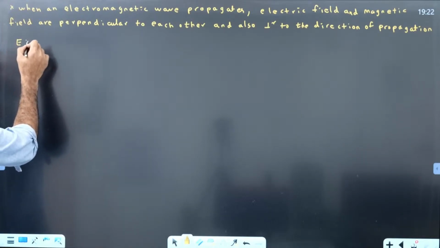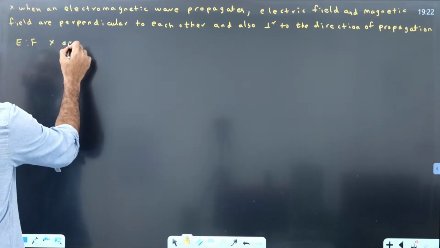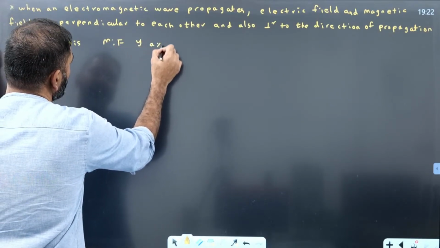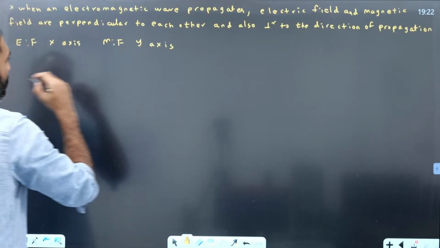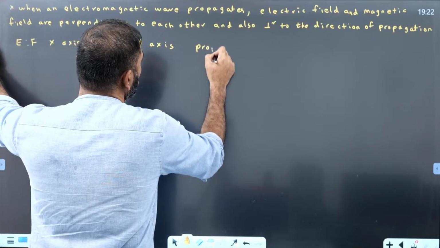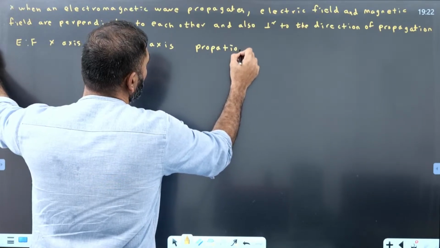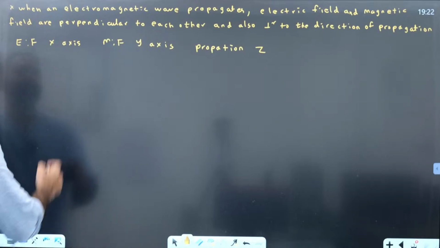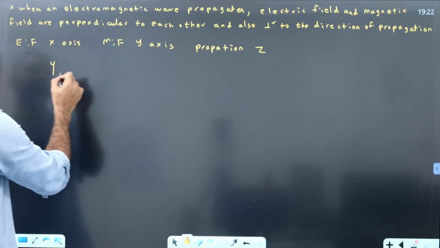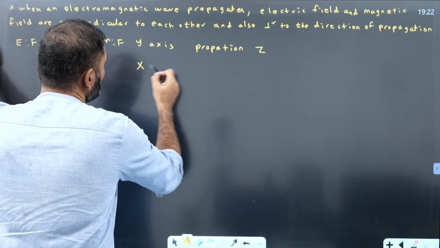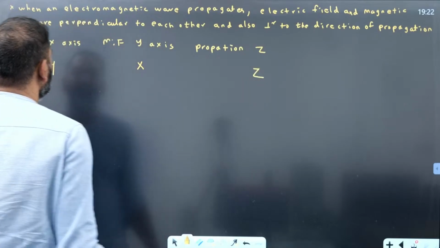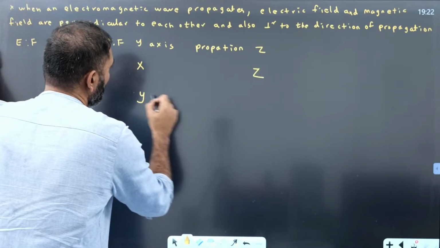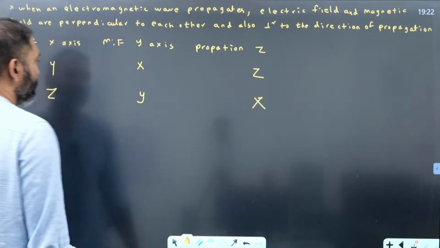If electric field is along x-axis, magnetic field along y-axis, then propagation along z-axis. They are mutually perpendicular. So if electric field is along y-axis, magnetic field is along x-axis, then propagation along z-axis. Now, if electric field is along z-axis, magnetic field is along y-axis, then propagation will be along x-axis.